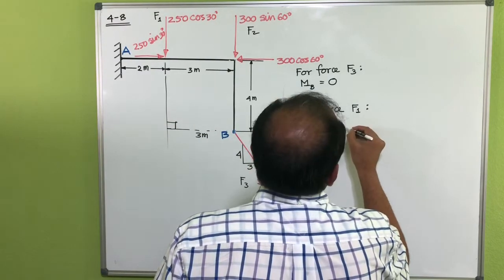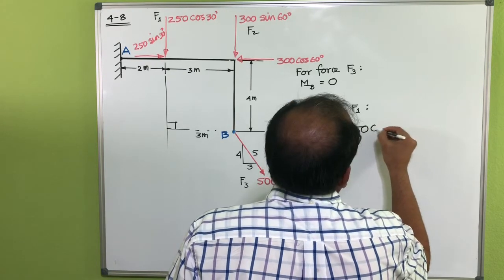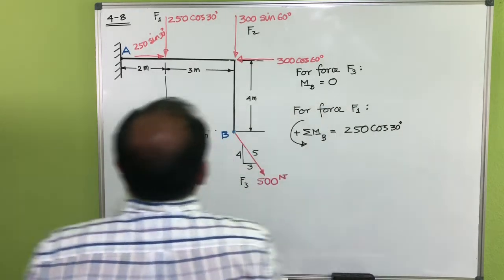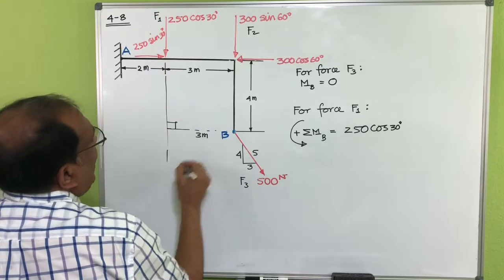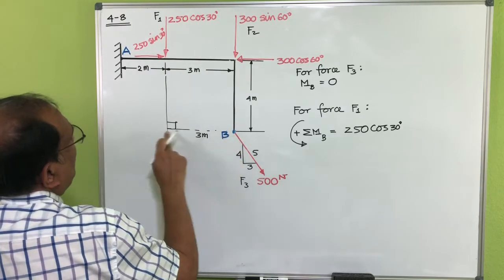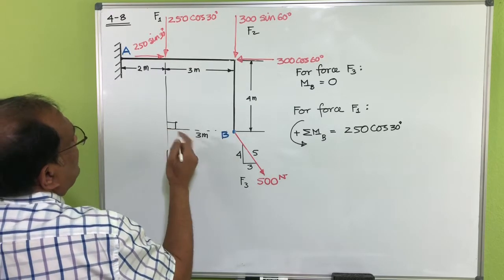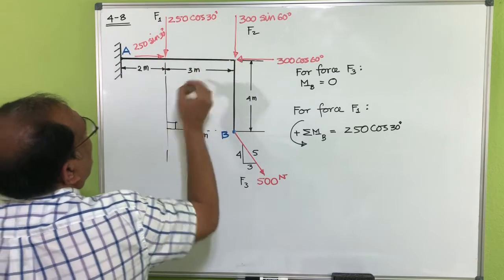So this is 250 cosine 30. And then you can see the line of action of that force is going like this, and the shortest distance from B to this line of action is from here to here. That's actually 3 meters.